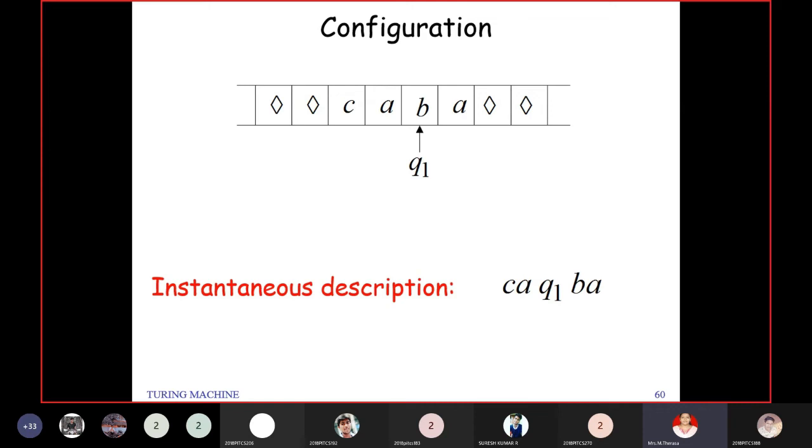You can call it as alpha, beta, gamma, and the alpha is the leftmost string. The beta is the Q1 here, which is used to represent the current state, and in BA, B is the current input symbol, and the remaining is the rightmost string from the current symbol.